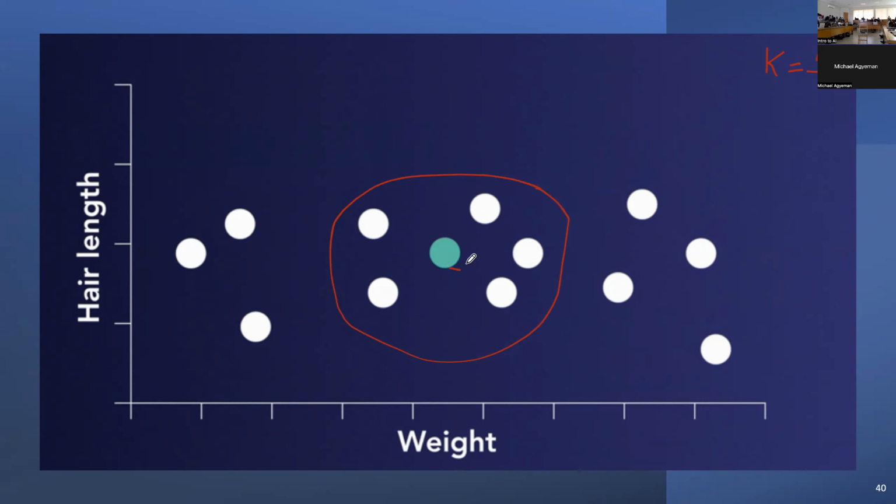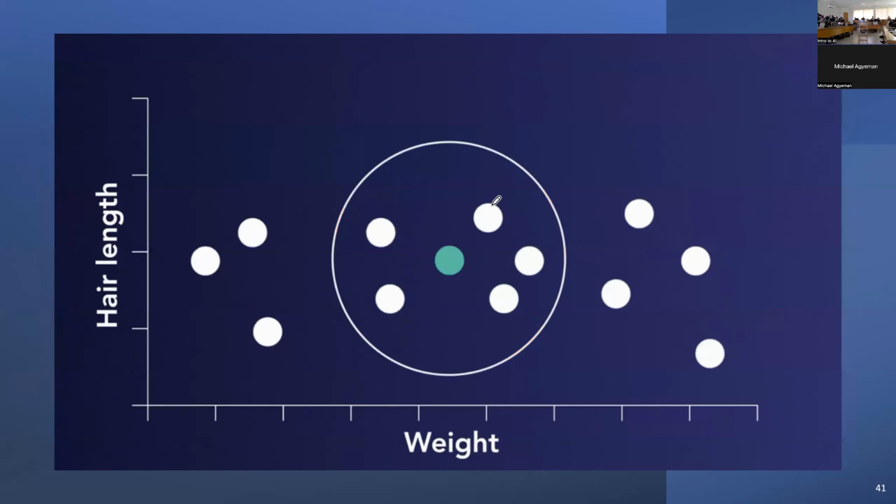We can. Good. So we have the 5 circled around this particular unknown data point, and then we try to find out what kind of dog breeds are closest to it. So we have the neighbors now, and all we want to say is that among its closest neighbors, in terms of distance, using the Euclidean distance, what kind of dog breeds are closest to it? Hence the idea of the neighbor is more or less in the distance.